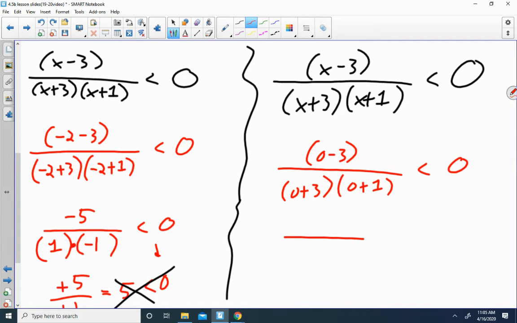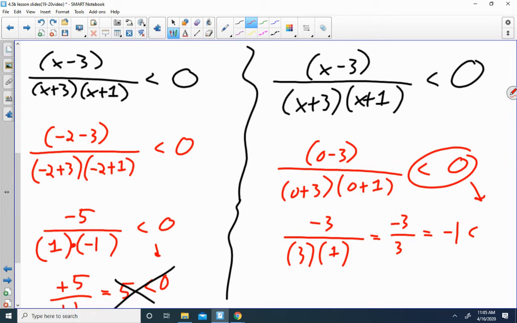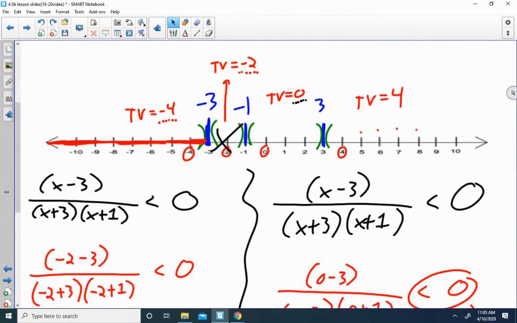On top, 0 minus 3 will be -3, and on bottom you'll get 3 and 1, which if you multiply will give you 3 on bottom. So the -3 divided by 3 is -1. And is -1 less than 0? Negative is smaller than 0, so that checks out. So thus we can shade the third interval where we plugged in 0 as part of our answer.